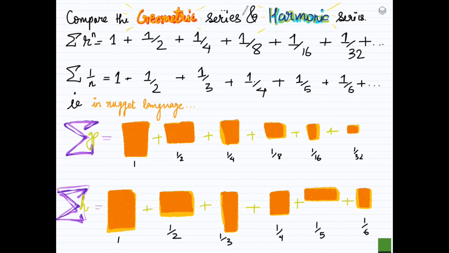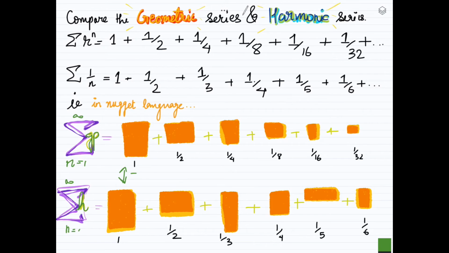To understand how this really happens, let's consider the geometric series and the harmonic series. As you can see, I've written down both the series, but let's now look at it in the nugget language. Compare each term of the nugget that you're eating in the geometric case as well as in the harmonic case. In the first one, you're eating an equal amount of nugget, i.e. 1 nugget each. In the second bite, you're having half a nugget, again the equal amount.